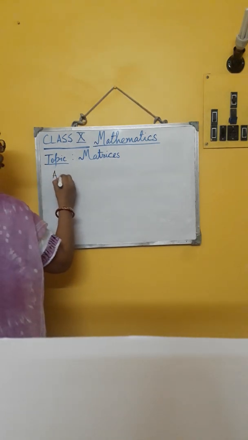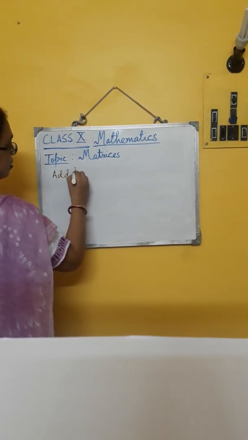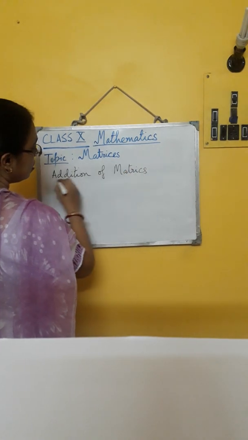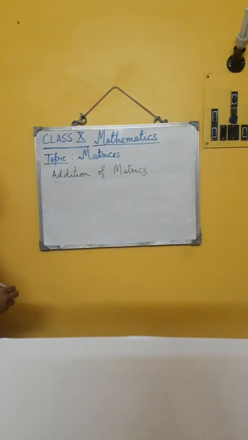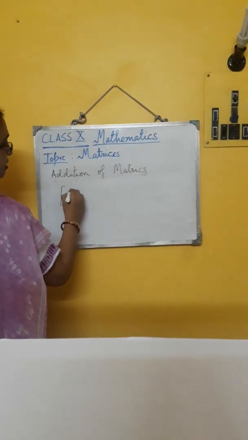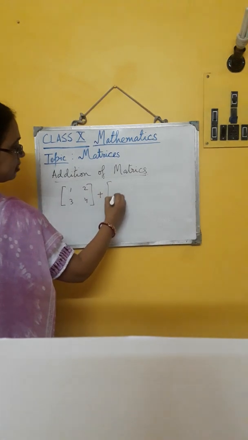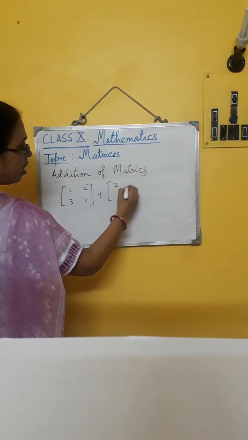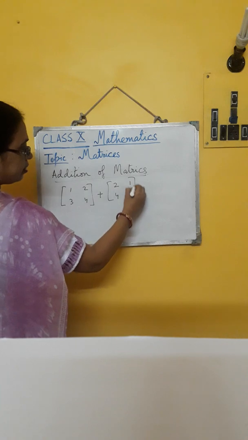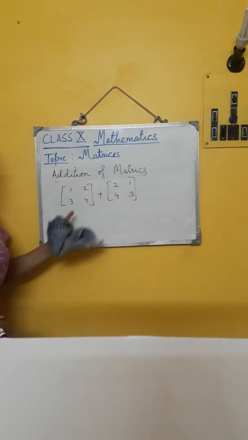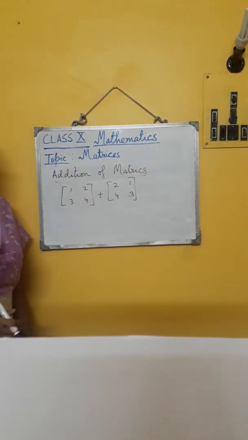Next we are coming to addition of matrices. Two matrices are there. Suppose 1, 2, 3, 4 and 2, 1, 4, 3, two matrices, matrix A and matrix B. We are asked to add the two matrices.